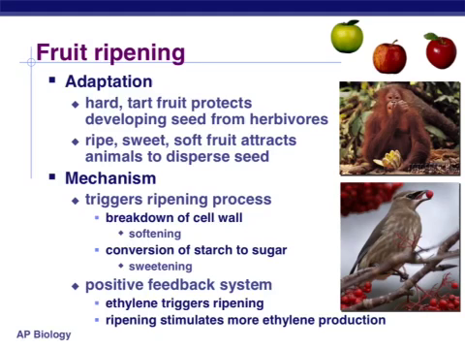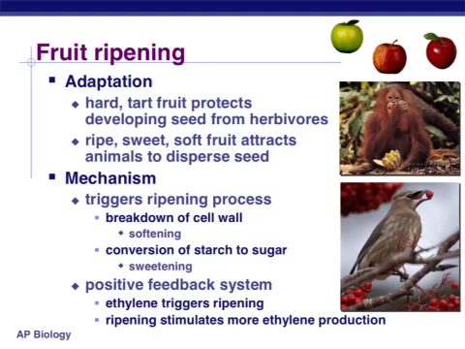No one wants to eat a hard piece of fruit, and no one wants to eat a sour piece of fruit. When those seeds are ready to disperse, those fruits are normally ripe by then. So they're ripe, they're sweet, and they're soft, so that the animals who do eat them will actually eat them and get to the seeds on the inside and then disperse those seeds, either mechanically by throwing them away or through their poop as they move through the jungle or the desert or wherever.